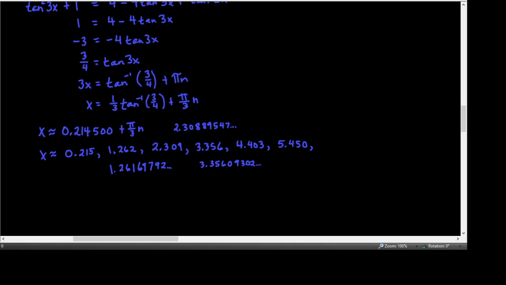We will see. 6.497 is the next one I see. 6.498, let's say. And that's bigger than 2 pi. Remember, pi is 3.14, so 2 pi is 6.28. This is too big.